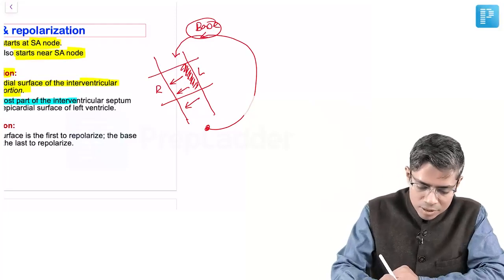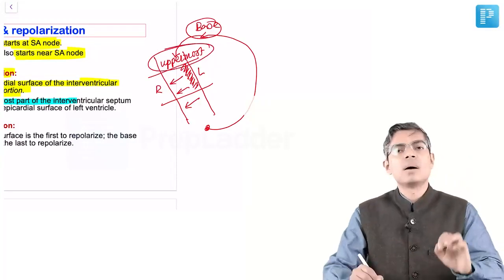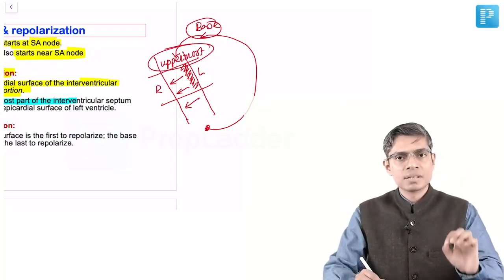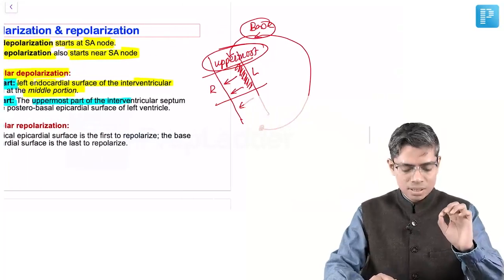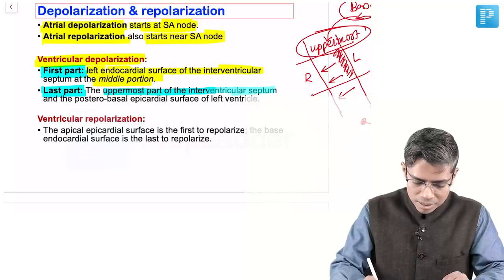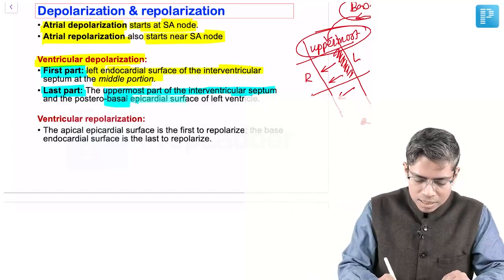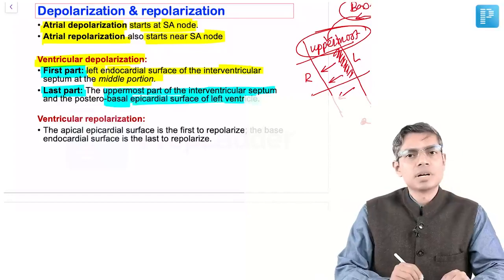So that's why this base of the heart as well as this uppermost, this word uppermost is very important, uppermost part of the septum are the last part to be depolarized. So that is written here, the uppermost part of the interventricular septum as well as the basal portion of the heart is the last part to be depolarized.